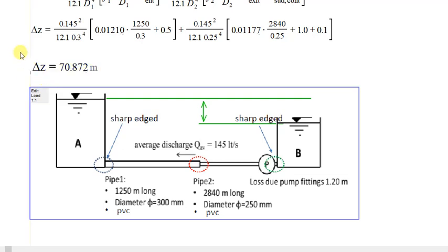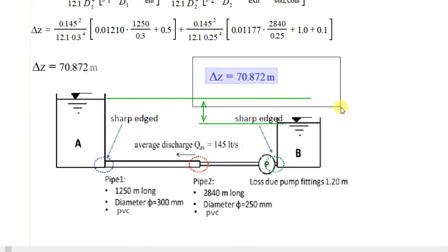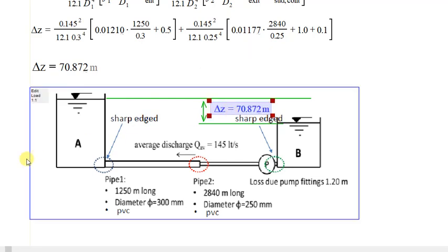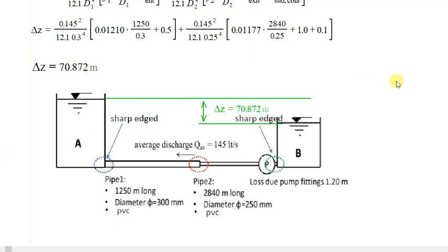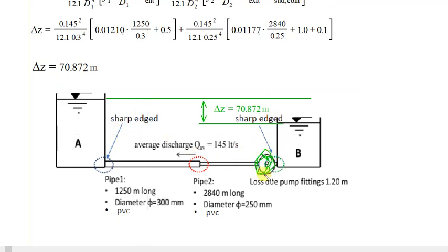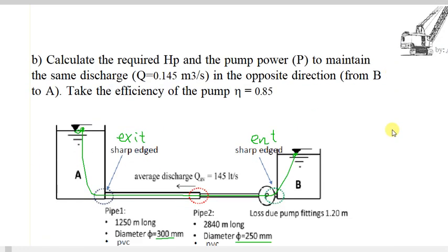This is the meaning of delta Z. So how would the flow go from the lower to the higher? By a pump. We added a pump, okay?